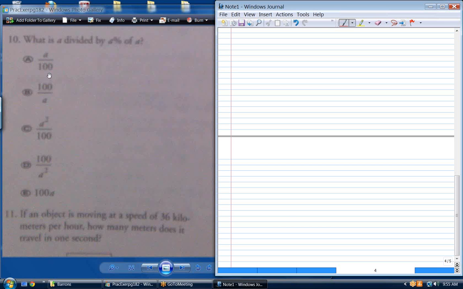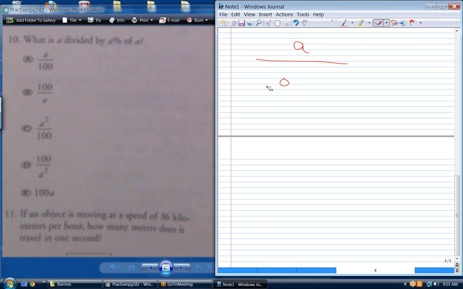But before we do that, let's at least write the algebraic expression. So what does that mean? It's going to be A divided by A% of A. Okay, how can I write A%? Well, I can't really do that in an expression.